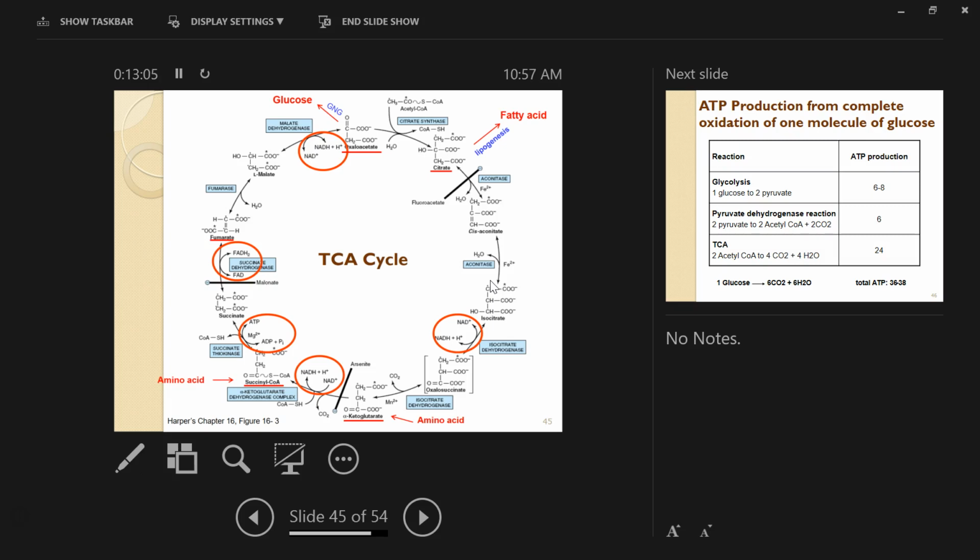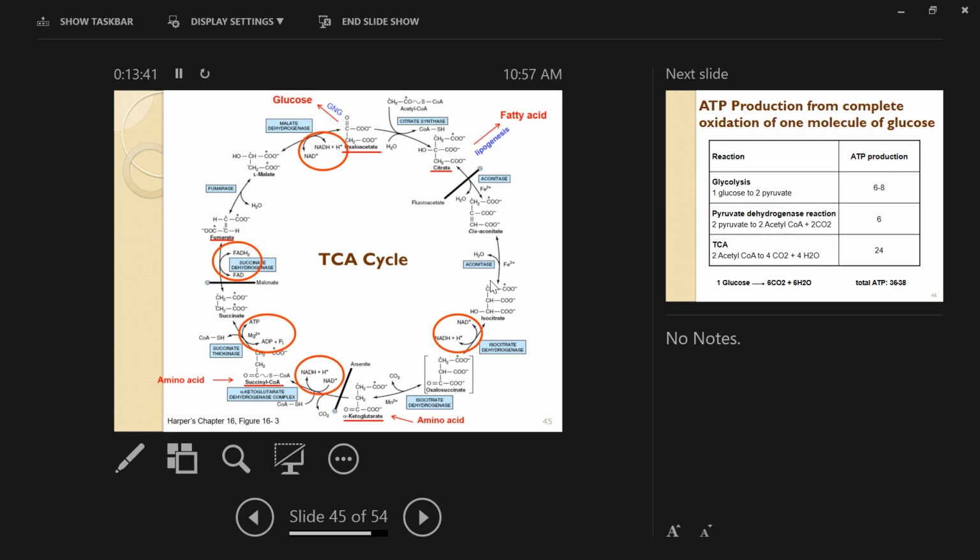So 6 ATPs per cycle of the TCA cycle, right? That means one molecule of acetyl-CoA, once it completes one TCA cycle, is able to produce 6 ATPs. And we know 2 acetyl-CoA actually enter the TCA cycle, right? So the total will be 12 ATPs generated.